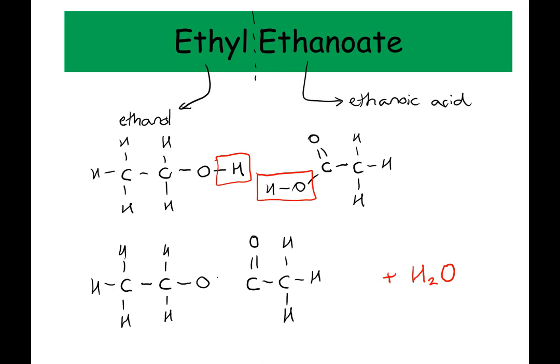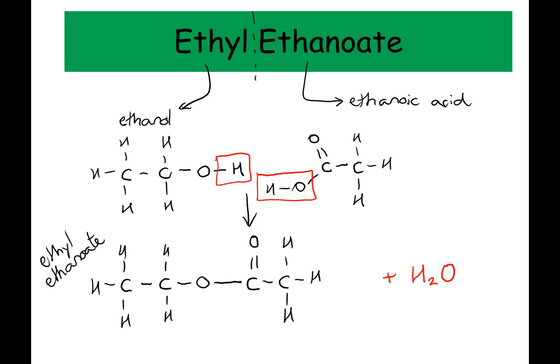And so what's going to happen is that the oxygen is going to bond to the carbon there. So now the oxygen has 2 bonds, great, and the carbon has 4 bonds, fine. So that is the molecule. This molecule here is ethyl ethanoate. Okay, so that's the reaction.